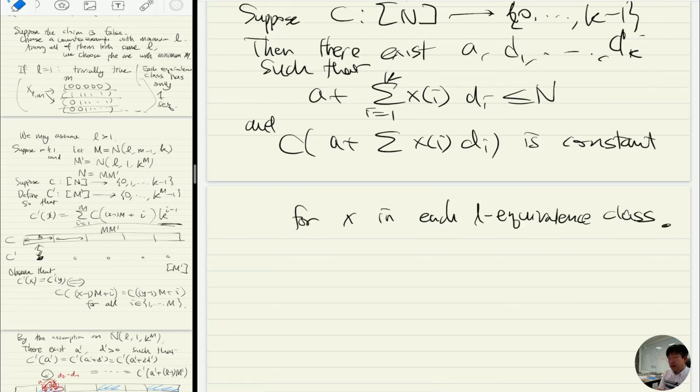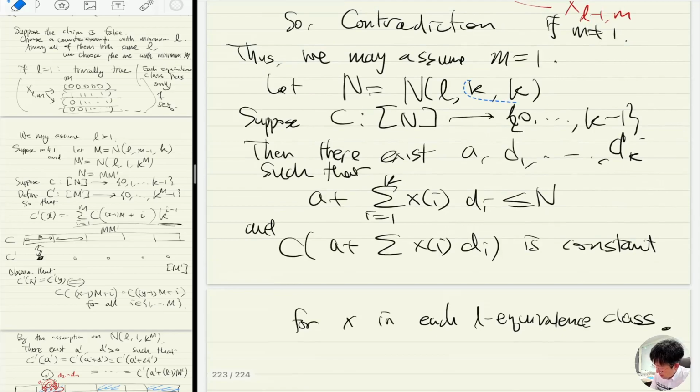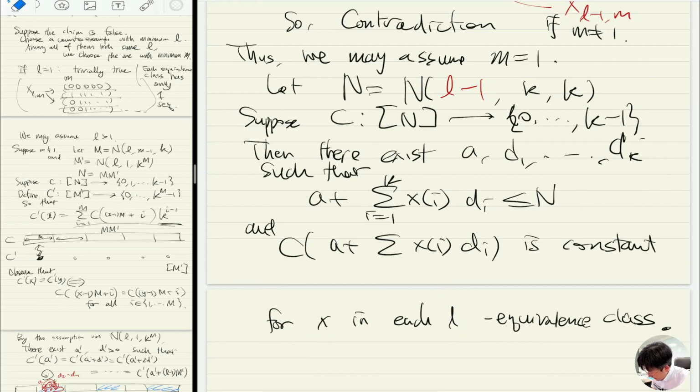Actually, I made a mistake here. Instead of L, I should say L minus 1. Let me write it in red color. So it's L minus 1, each L minus 1 equivalence class.